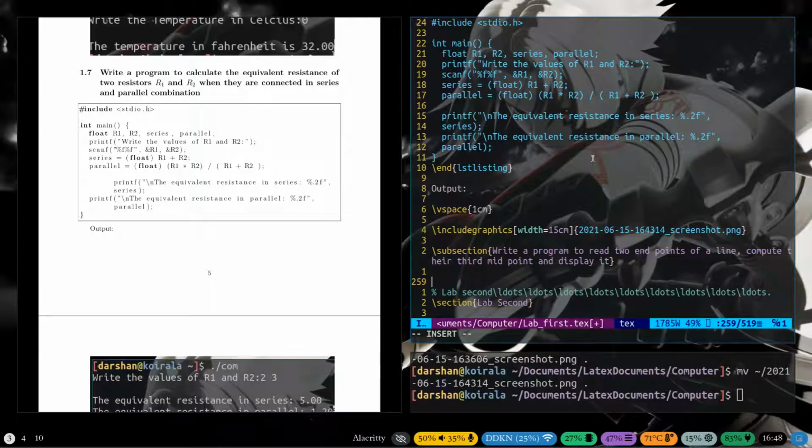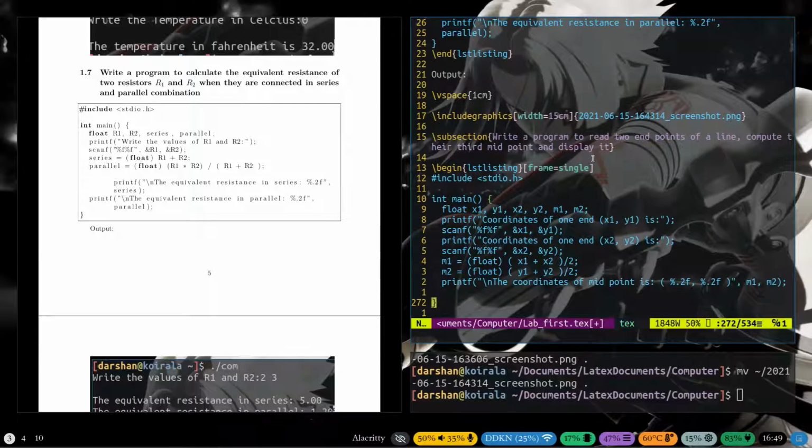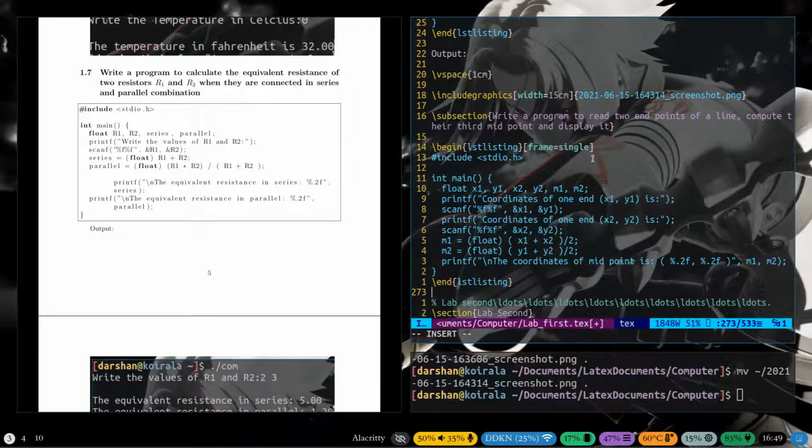Alright. Frame equal to single. Alright, so this is it.